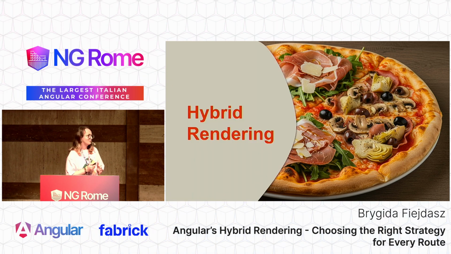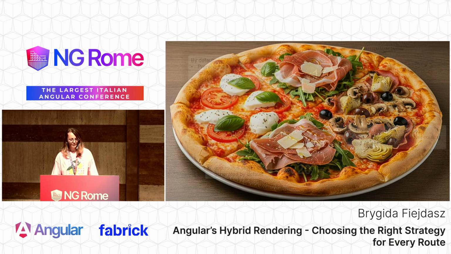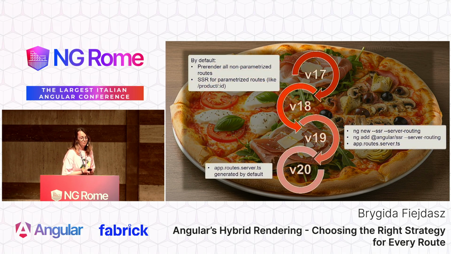Let's talk about hybrid rendering a little bit. How does it look? By default, all routes with parameters were server-side rendered, and routes without them were pre-rendered. After that, in version 19, we got the possibility to add server routing to our SSR project, and it was pretty simple.